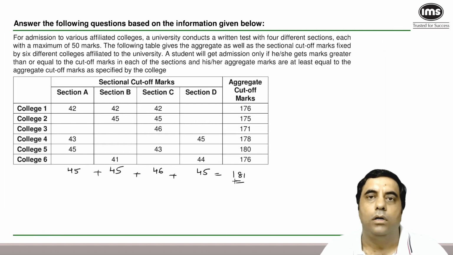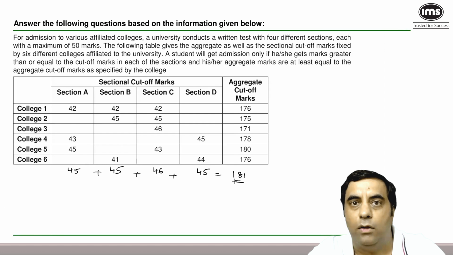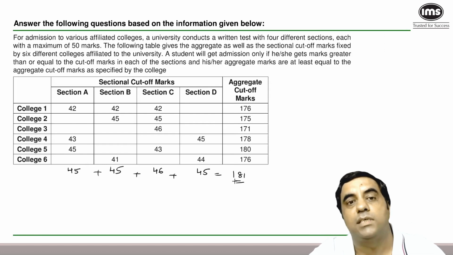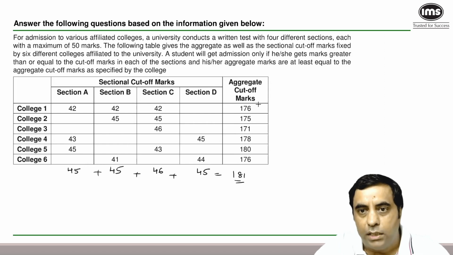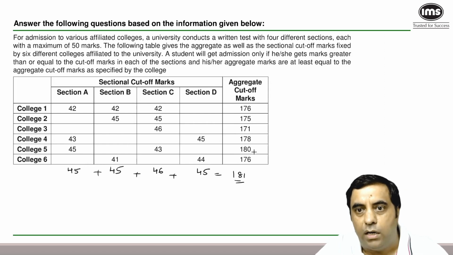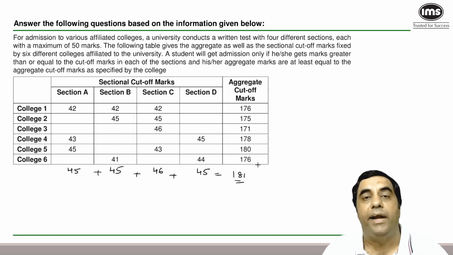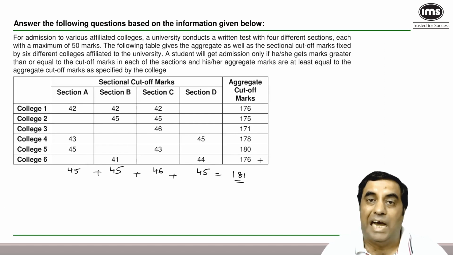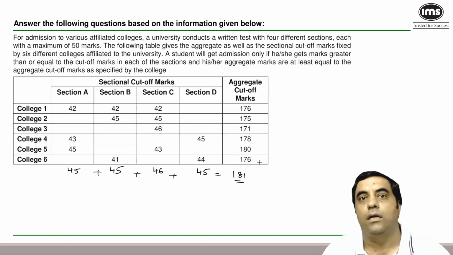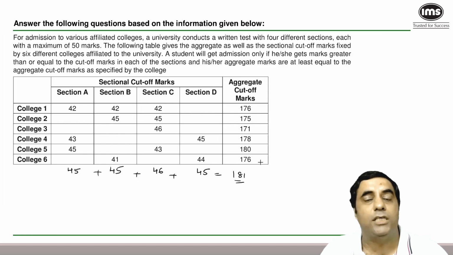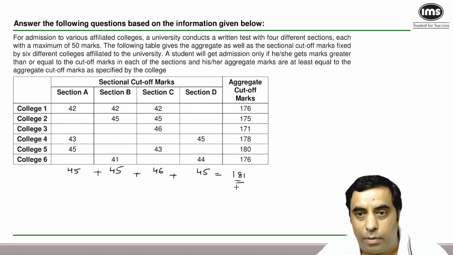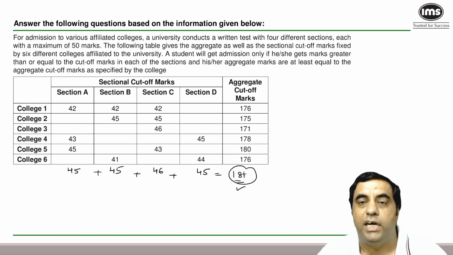So in order to get a call, a minimum score of 181 is required, which is the sum total of the sectional cutoffs. Now if we look at the aggregate cutoff for all the colleges, all of them are less than 181. That means the moment the sectional cutoff is cleared, the sum total is going to be 181. So the student is eligible for all the colleges, because the sectional as well as the overall cutoff is cleared, and thereby we can say a score of 181 is needed.